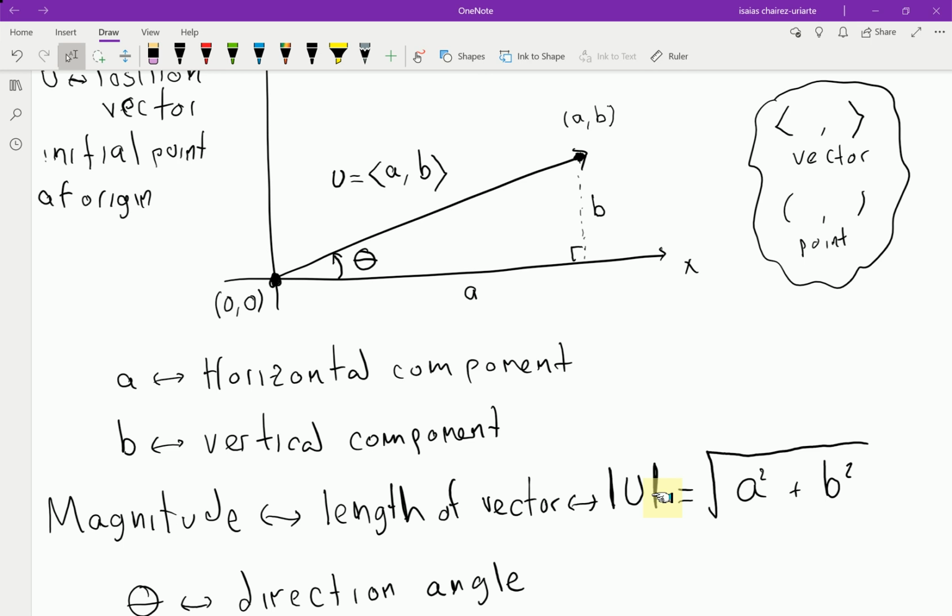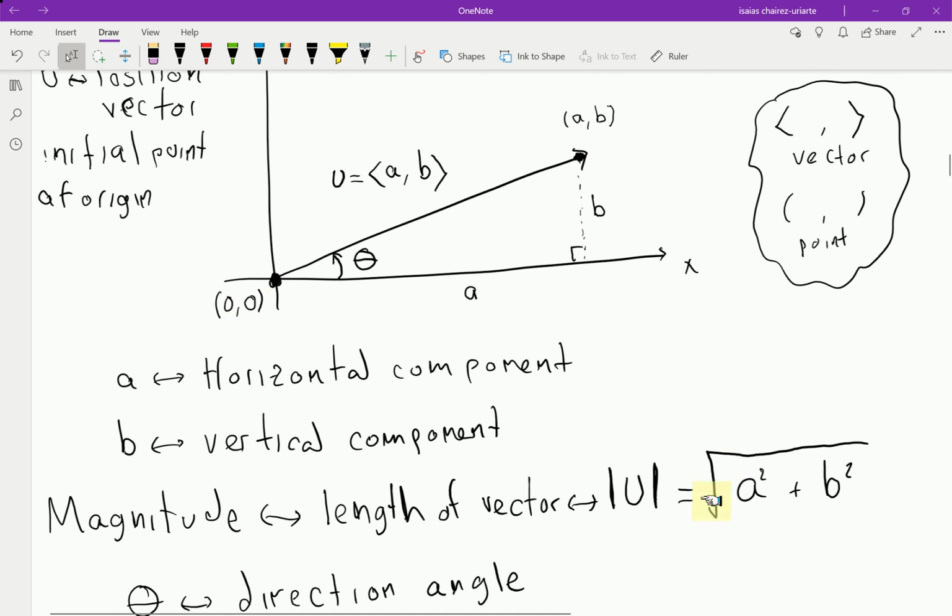Well, how do you find the length of a vector? In this case, we could just think about the distance formula. We have the terminal point, a comma b, and the initial point, 0, 0. We'll find the distance between these 2 points. It's this x-coordinate minus that x-coordinate squared plus this y-coordinate minus that y-coordinate squared, and we'll take the square root of that.